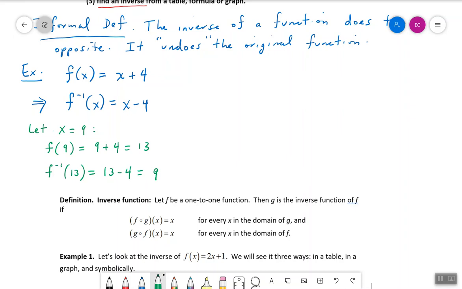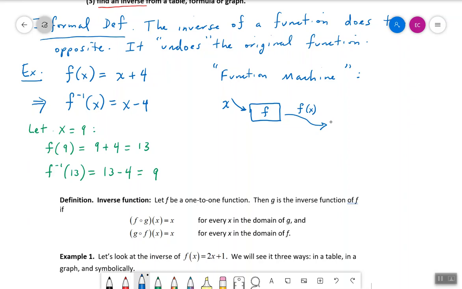Okay, and then let's look at this another way. I think back in chapter 2, I showed you something called a function machine, which is just a nice way to look at functions and how they work together. And so what we did is we took an input x into the f function, and then what comes out is f of x.